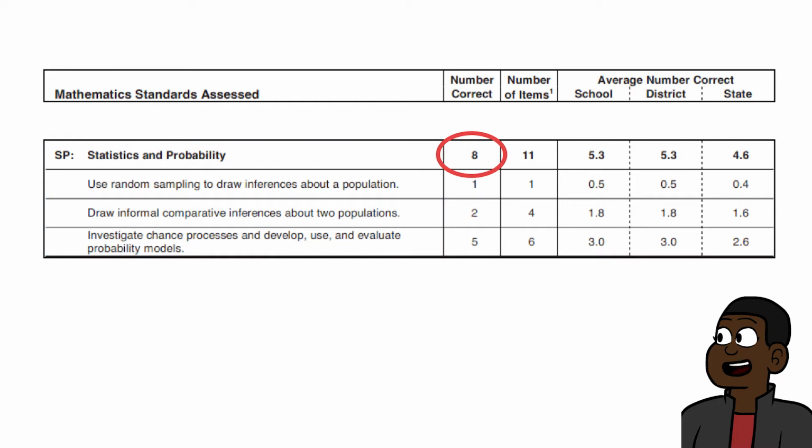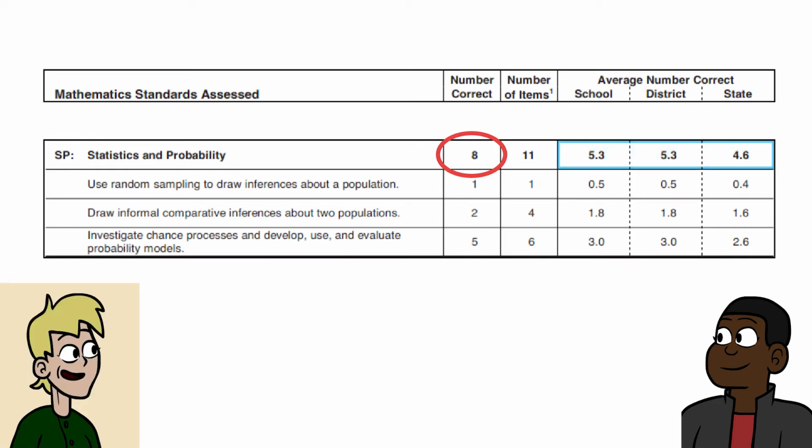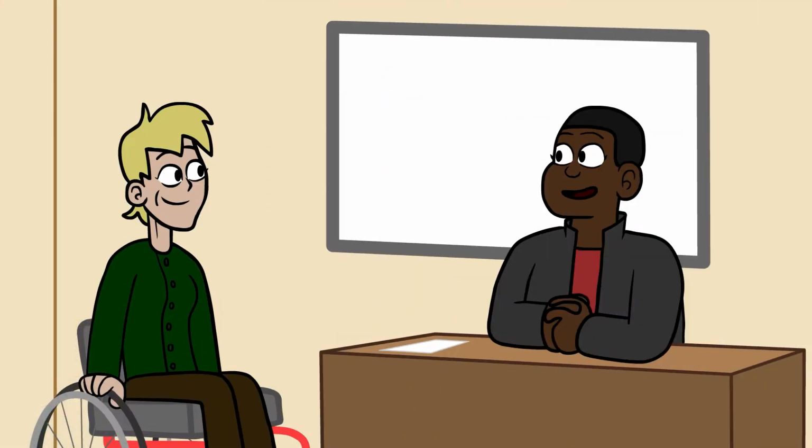His number correct score was 8, and the averages for the school, district, and state were respectively 5.3, 5.3, and 4.6. It sounds like he's doing better than average on those. Exactly. He scored better than the average of each of those groups, for that domain at least. I'm happy to hear that.